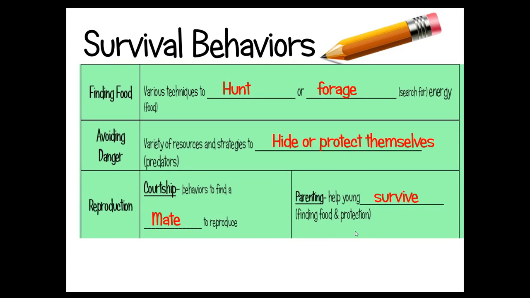It depends on the animal how long this is going to last. Some animals don't parent at all. You think about baby sea turtles, they hatch from their egg, they make it to the ocean, they're on their own from the beginning. But some animals will live with their offspring for several years to teach them different strategies.